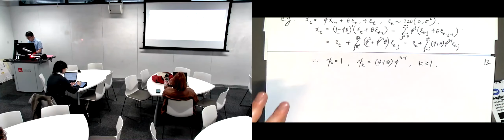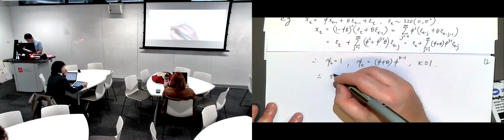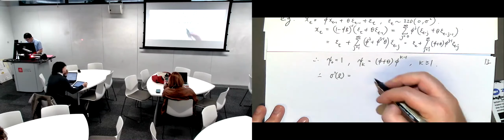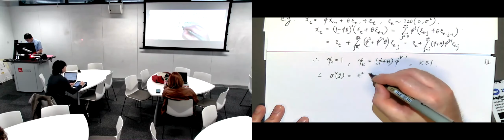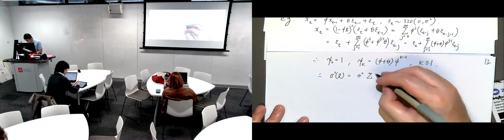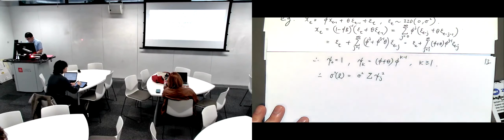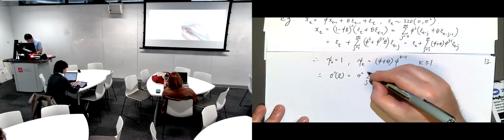And so if you calculate any L-step prediction variance for the best forecast for this ARMA(1,1) model, it will be sigma squared times the sum of psi_j squared, j from 0 to L minus 1.